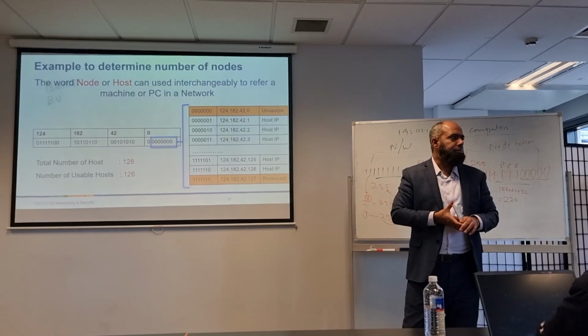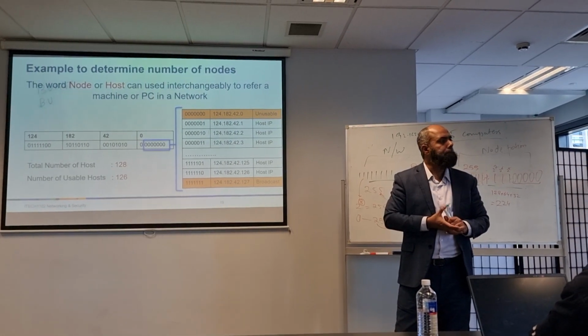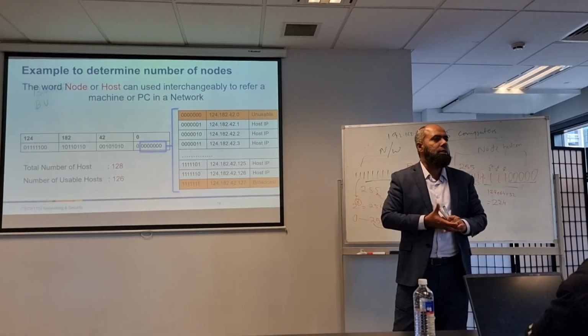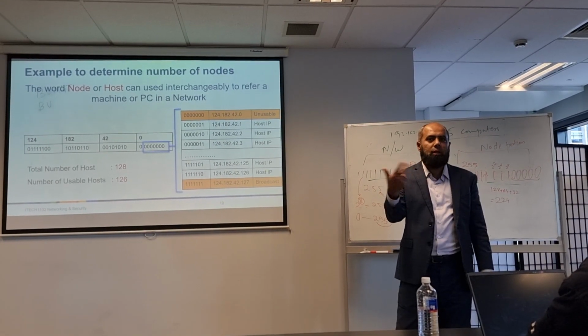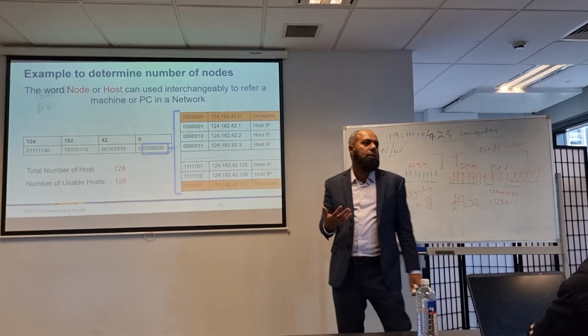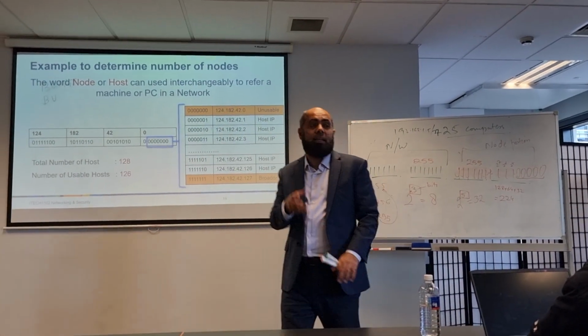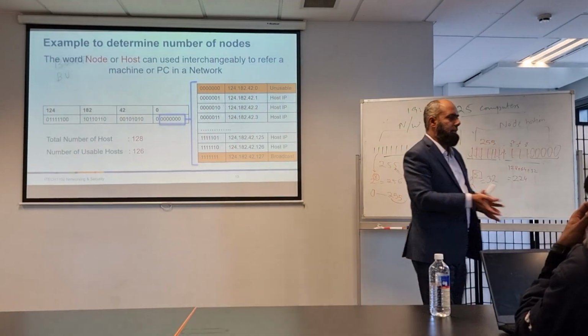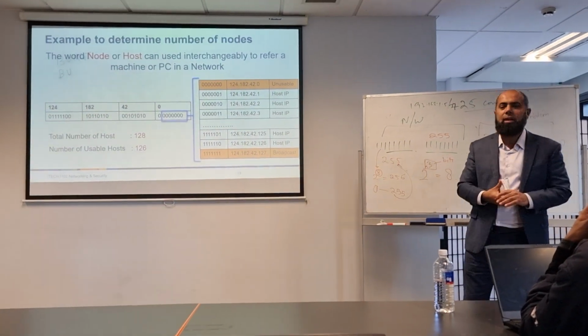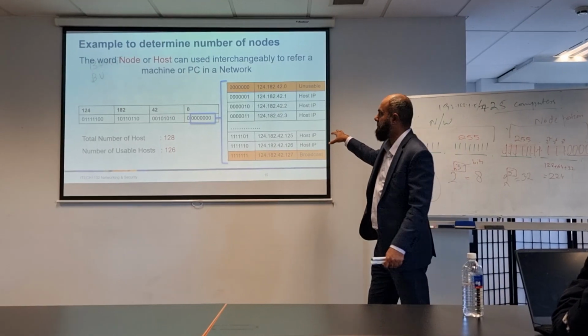Instead of 25, if we need 16 computers, then I have to make it 2 power 5, because 2 power 4 is 16 and 2 extra means I need 18 actually. I need 18 because 2 are already gone in the process of first and last, and they have their own purpose.